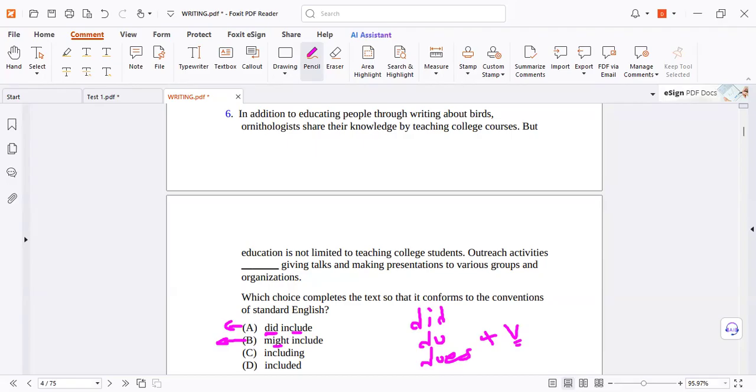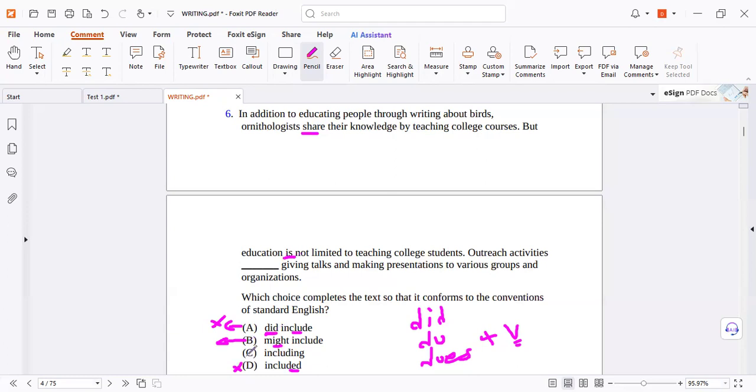What's the possibility? Let me help you. Did is for past and included is for past. Are we talking in past tense, or are we talking about facts? Education is not, so we're talking about sociological facts. So we don't need past.